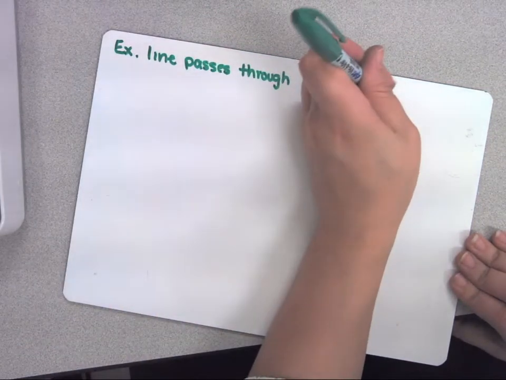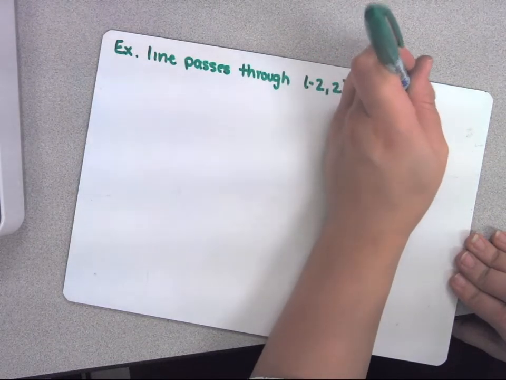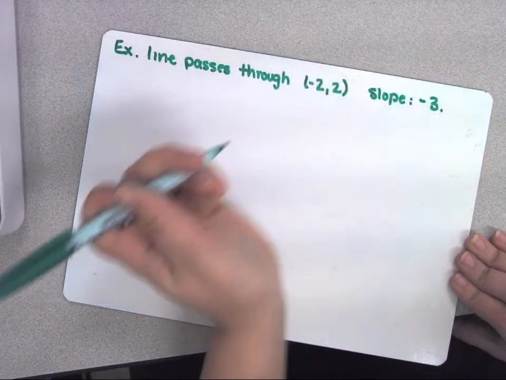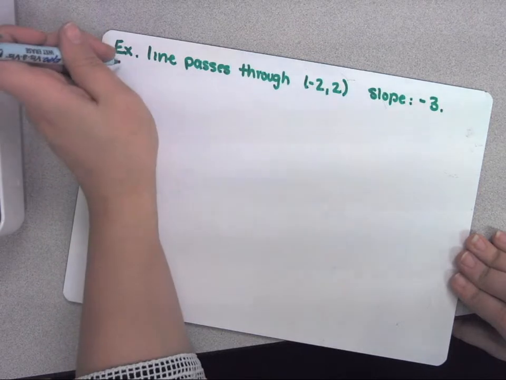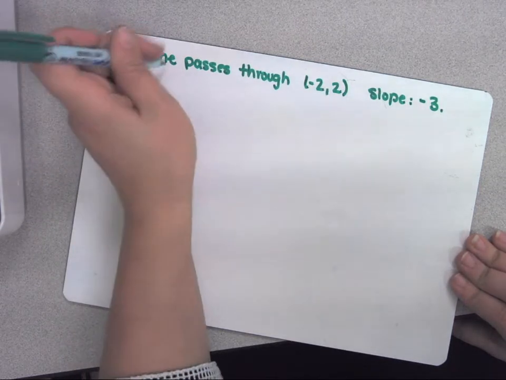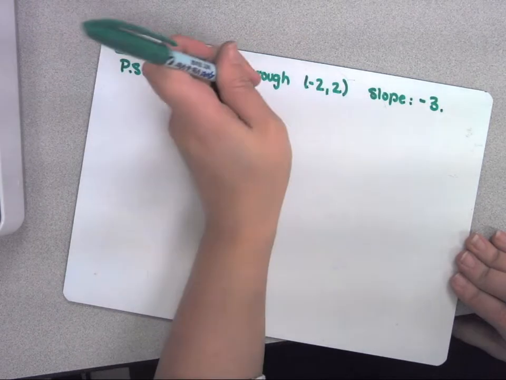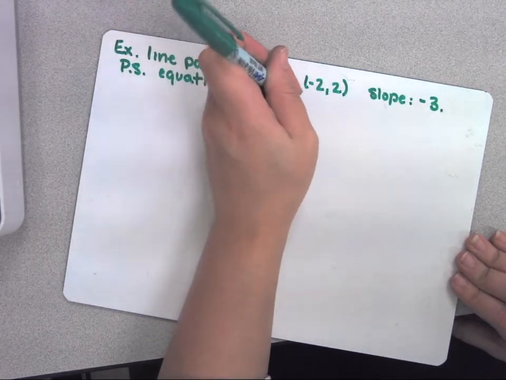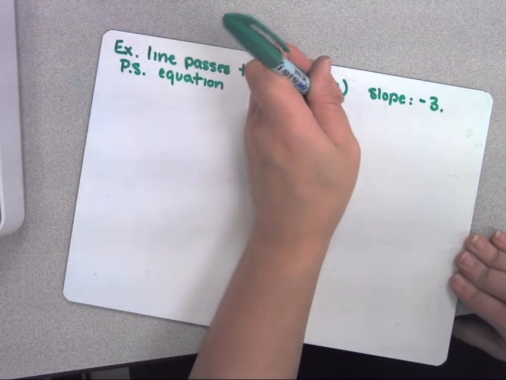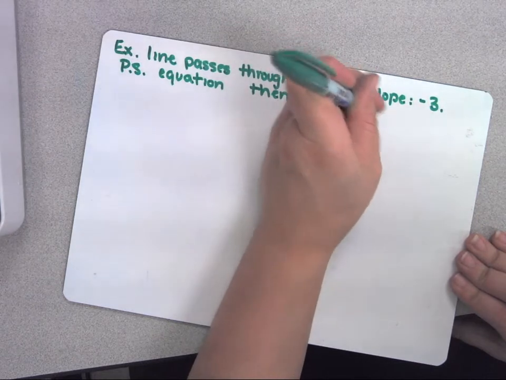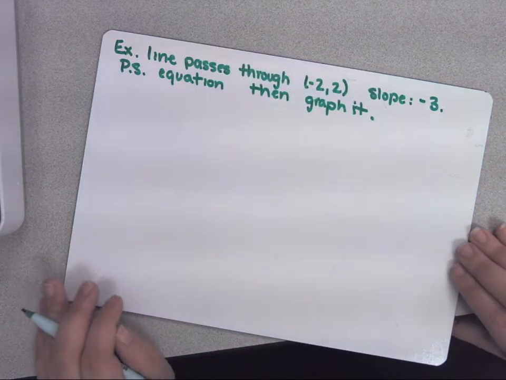And your slope is negative 3. Write a point slope equation. Then graph. We're still doing the same thing, just got different numbers.